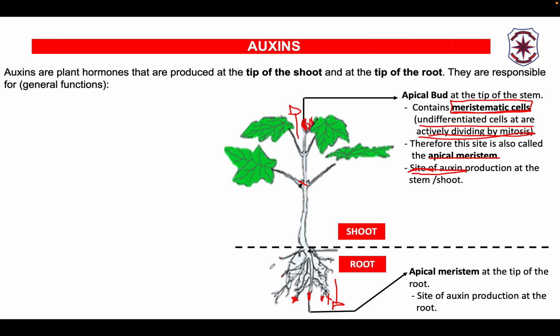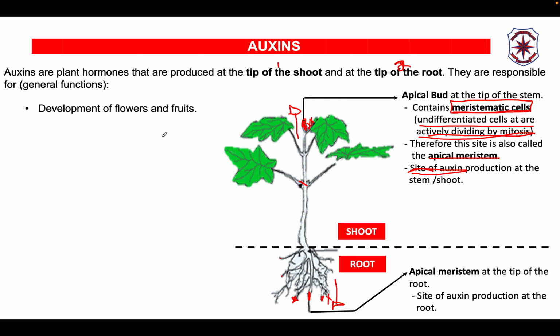They are responsible for, so here are the general functions of auxins that you must know. Firstly, you must know the location from where auxins are produced. We said auxins are produced mainly at the tip of the shoot and at the tip of the root, and those regions are known as apical meristem or meristematic sites of the plant.